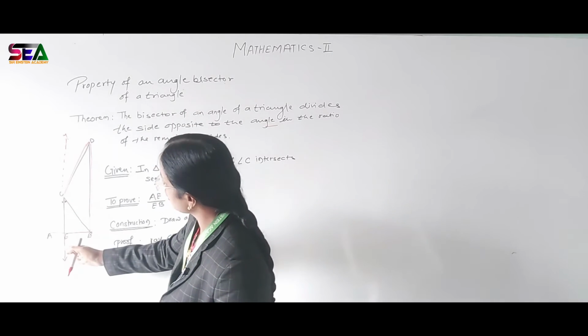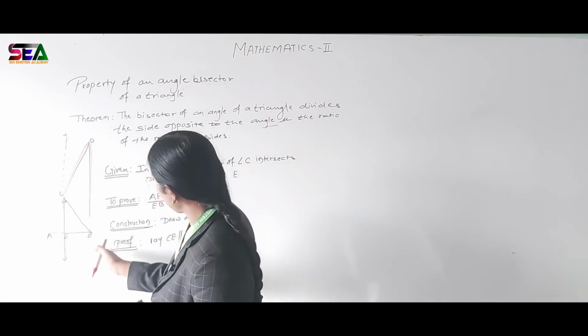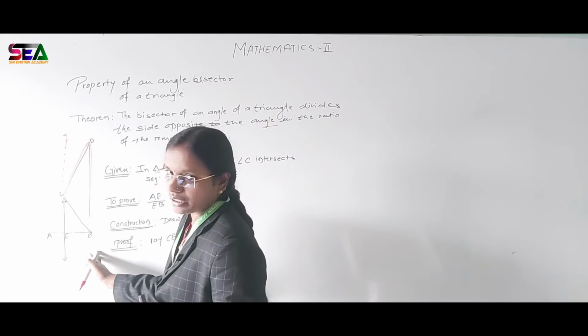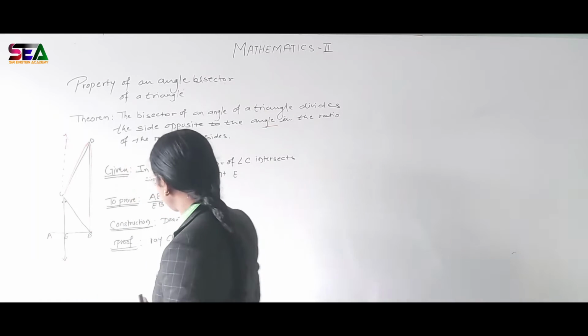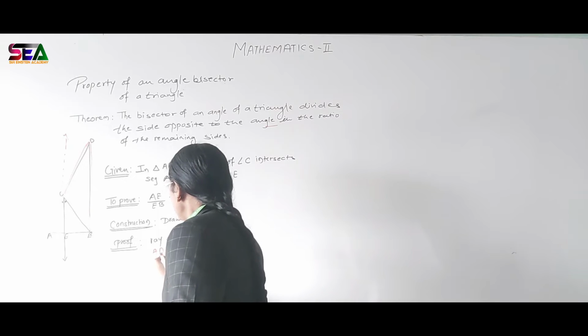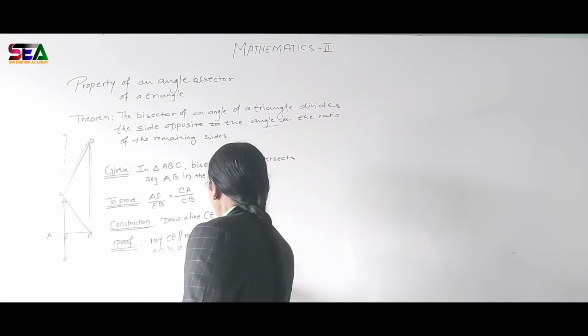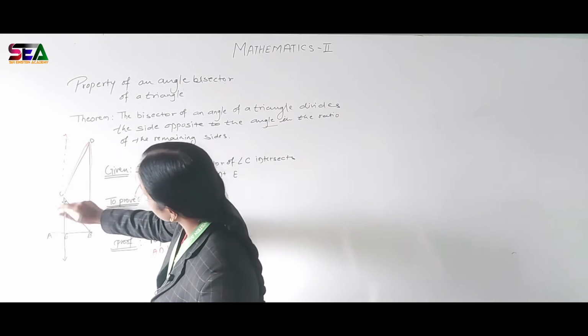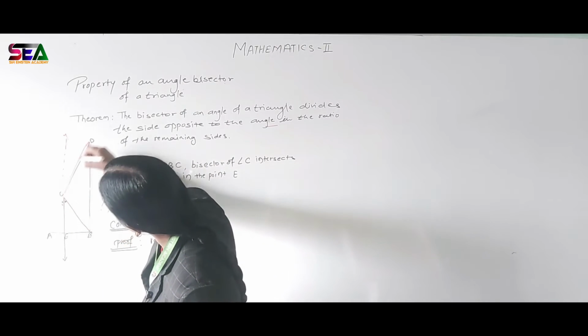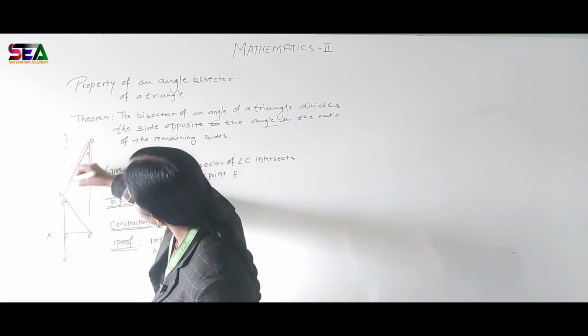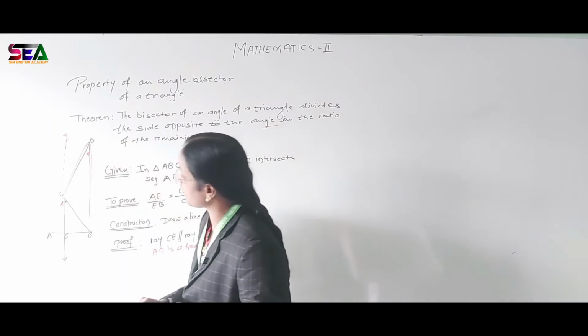Now after the construction, if you extend this line, you will see here CE is parallel to ray BD and AD is a transversal. So at that time what will happen? This angle and this angle will form a pair of corresponding angles.